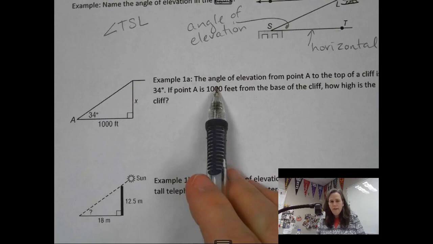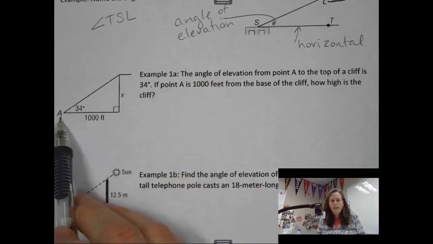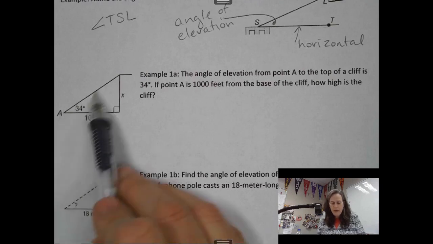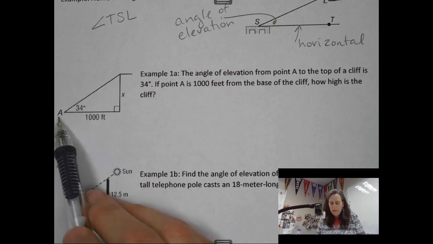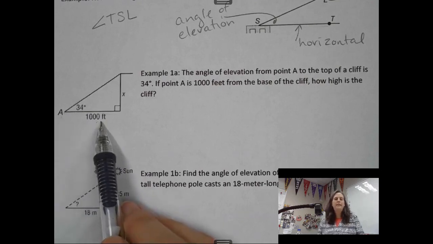It says the angle of elevation from point A, which is right here, to the top of a cliff is 34 degrees. So here's the horizontal line, and then the angle up from that horizontal is 34 degrees. If point A is 1,000 feet from the base of the cliff, how high is the cliff?